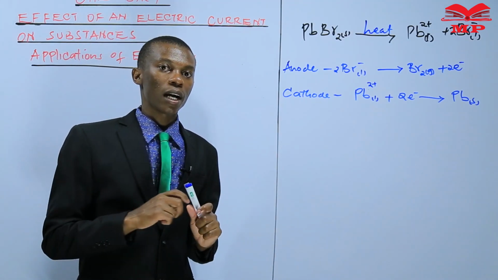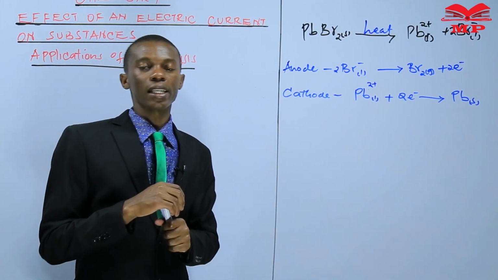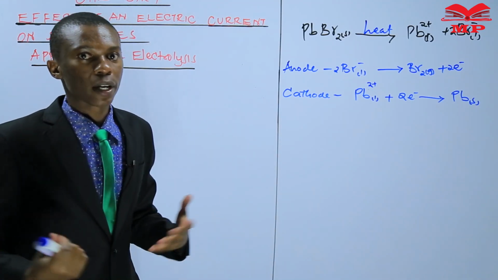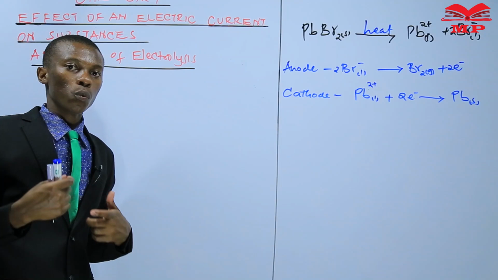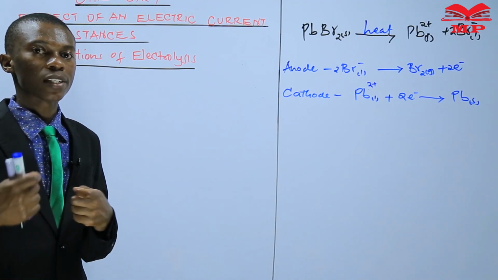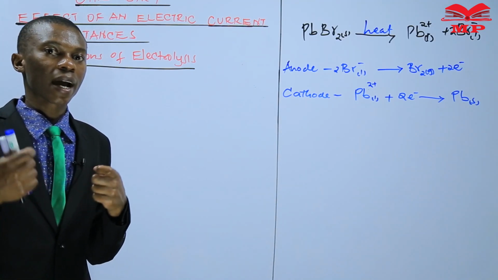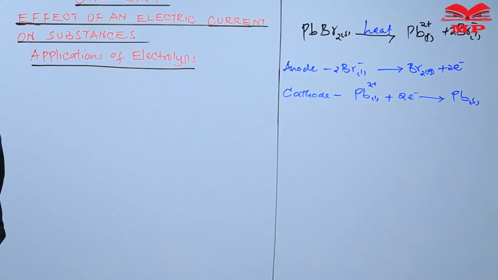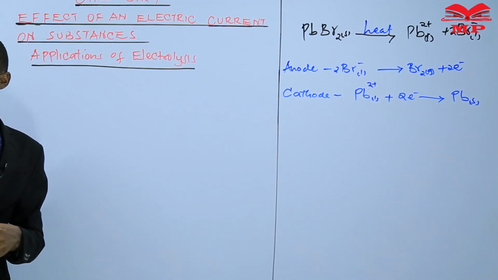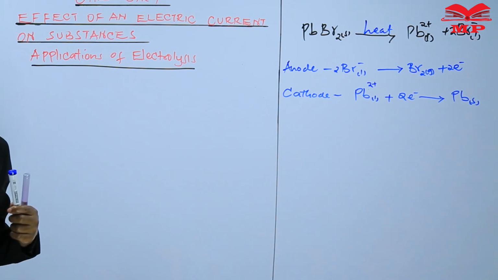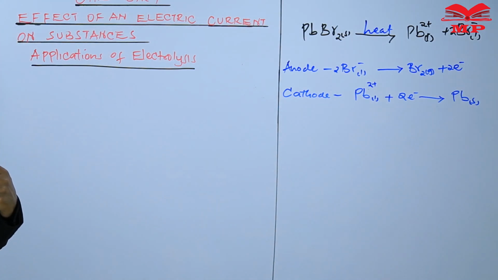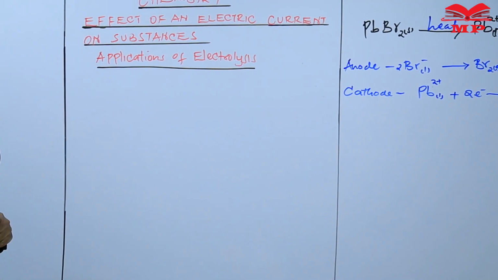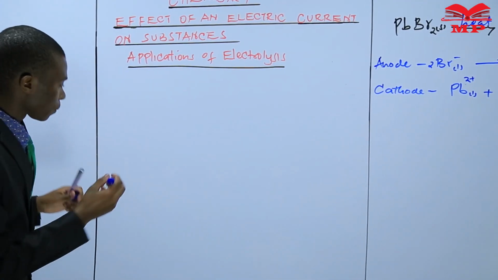In this lesson, I want us now to discuss applications of electrolysis. Where are some of the places where electrolysis can be applied? So this electrolysis is applied in so many processes, and one of the processes is in extraction of metals.